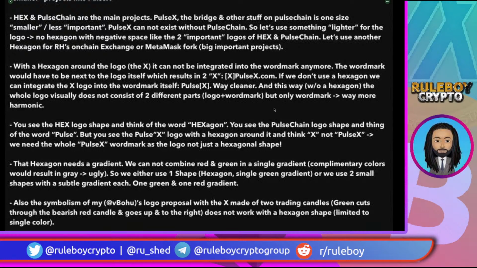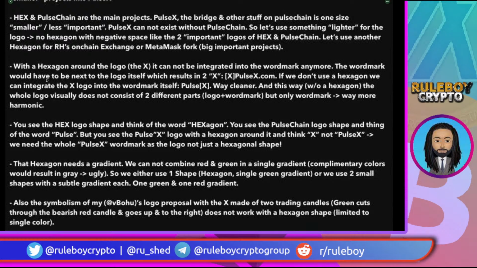If you look at Richard Heart's sites, there is an integrated word mark that goes around the logo. So if you create a hexagon with the X in it, that word mark is not really going to fit in. It's not really going to work so well. So I think we really need to separate that. So that's a nice thought there.